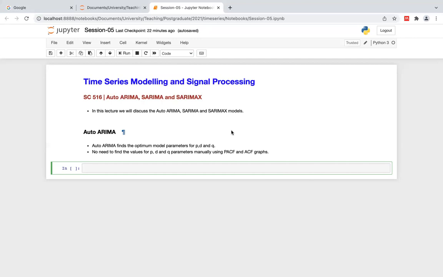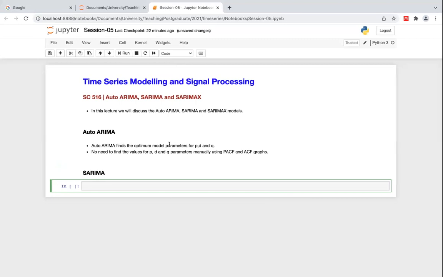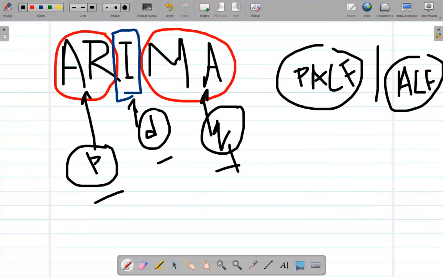The second thing that we are going to use is the SARIMA and SARIMAX models. Let's first see what the SARIMA model is. As we discussed, in the ARIMA model we are not focusing on the seasonal component.